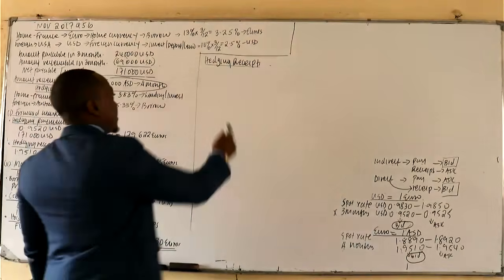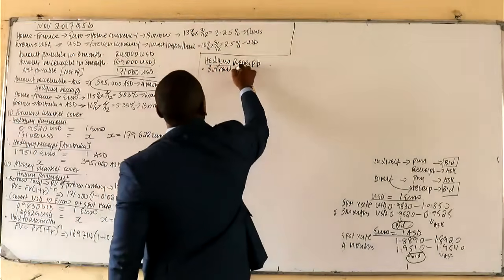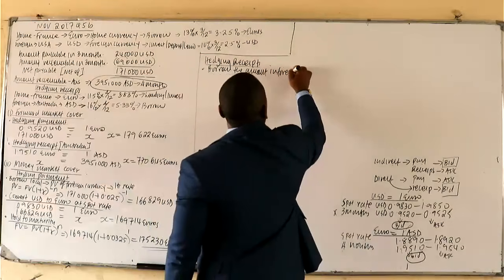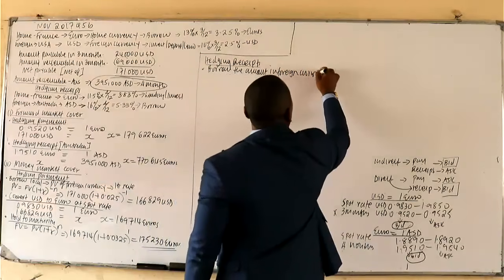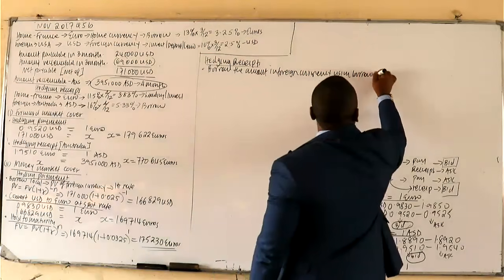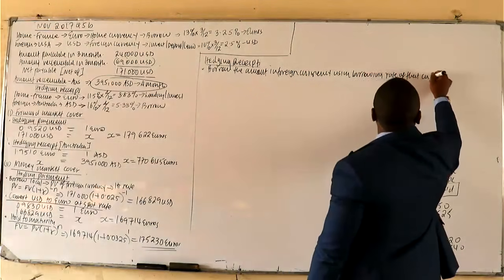So this amount we're expecting to receive in 4 months, 395. The first step, you borrow the amount in foreign currency using the borrowing rate of that currency.